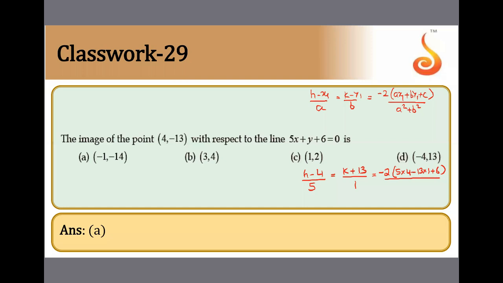So h minus 4 is equal to minus 5, h is equal to minus 1, k plus 13 is equal to minus 1.